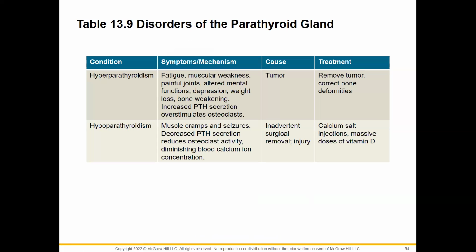So, disorders of the parathyroid gland: you have hyperproduction of the parathyroid, and you have hypoproduction of the parathyroid.